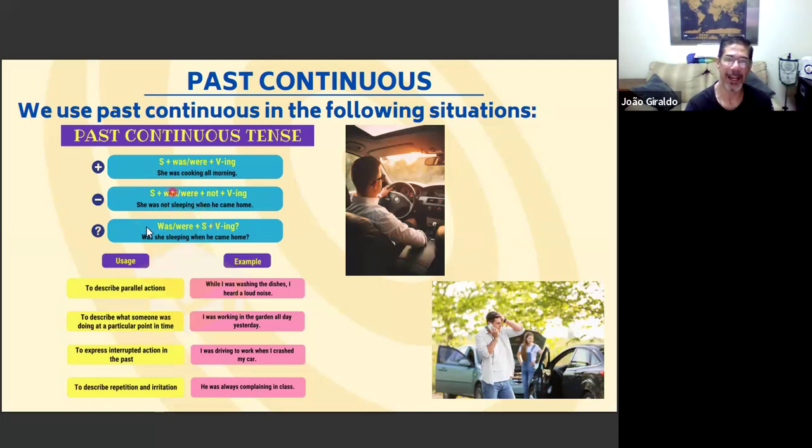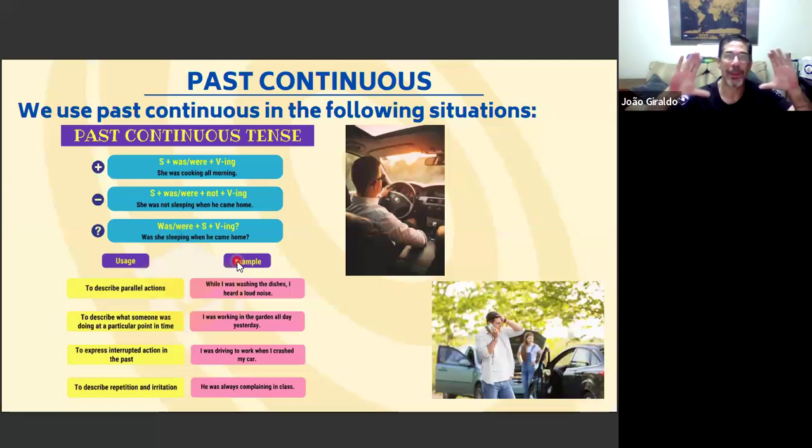And in interrogative, every time we have verb to be, we use the verb to be in front of the subject. So you start your sentence with the verb to be, then the subject, the verb in ing form, and you continue the complement.